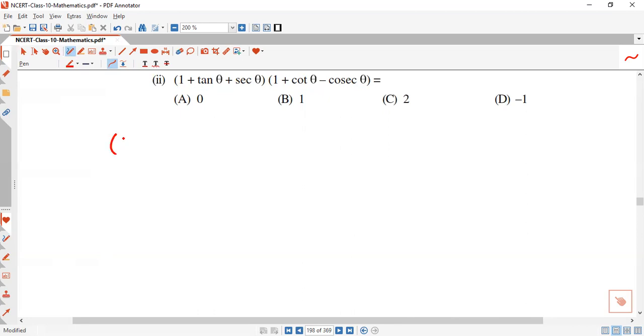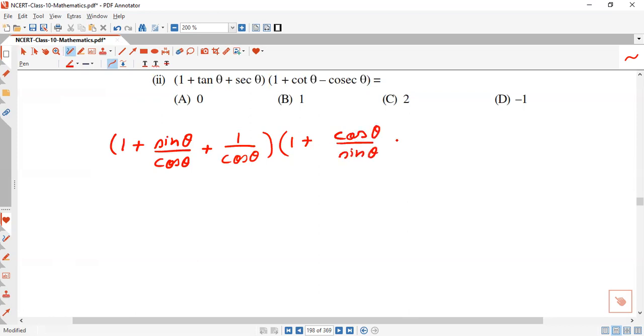So what are we getting? 1 plus tan theta means sine theta upon cos theta, sec theta means 1 upon cos theta, 1 plus cot theta means cos theta upon sine theta, and cosec theta means minus 1 upon sine theta.